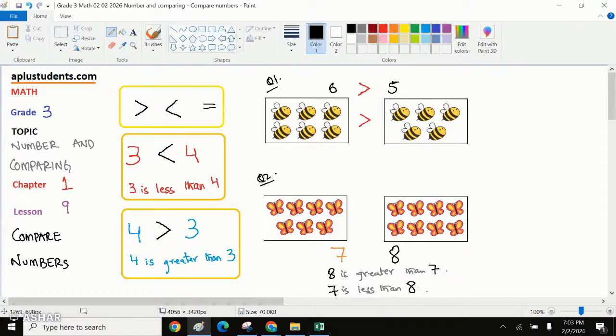Agreed? Always the open end is towards the bigger value. So if these were 7 and these were 8, the box on the right has more, right? My counting mistake. That is 8. Okay, I corrected that. Thank you so much.